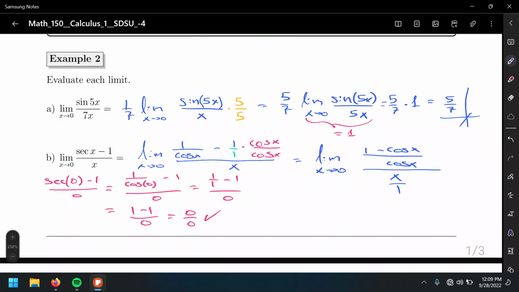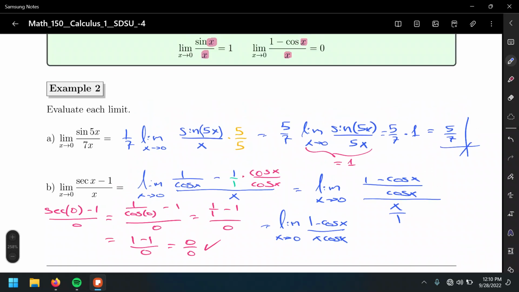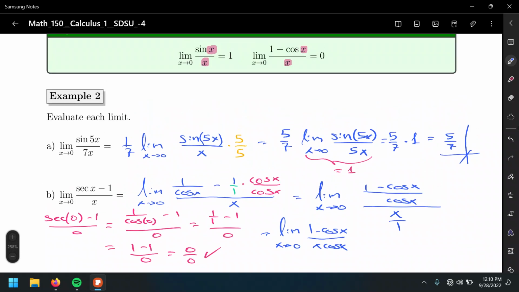So in this case, that's a limit of 1 minus cosine x over x cosine x as x approaches 0. Well, so that limit already resembles that special limit in here, but here we have that extra factor of x.